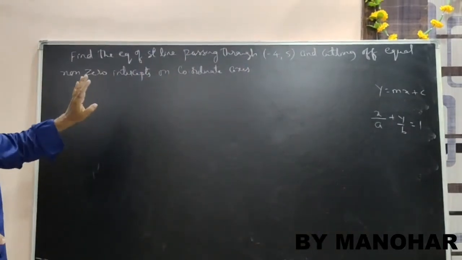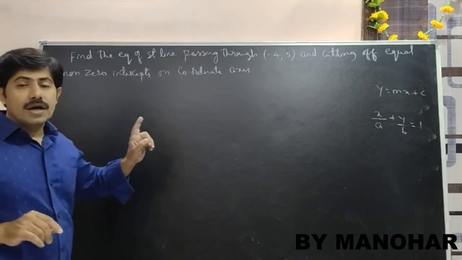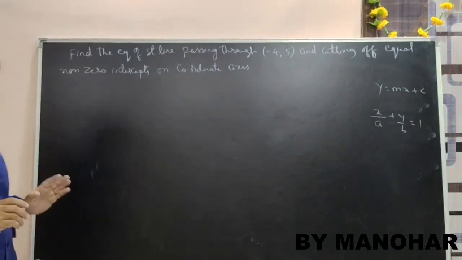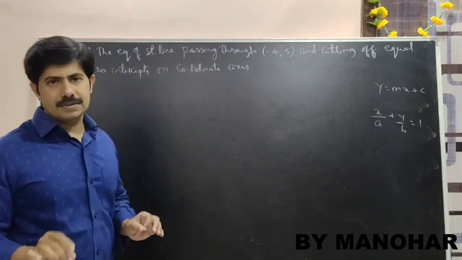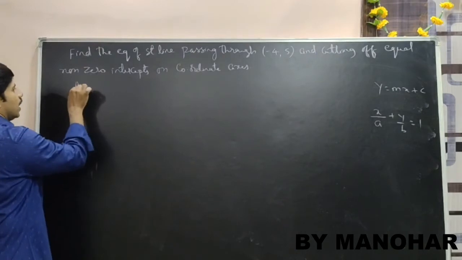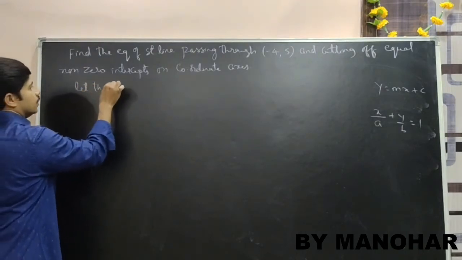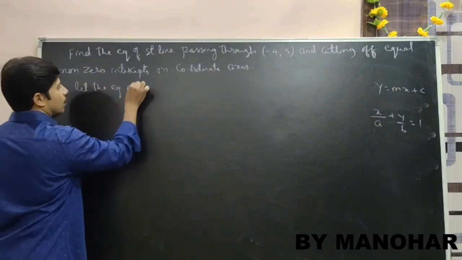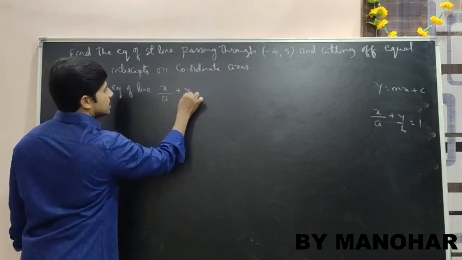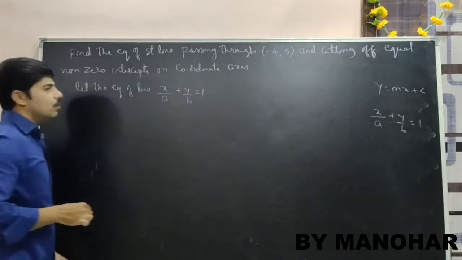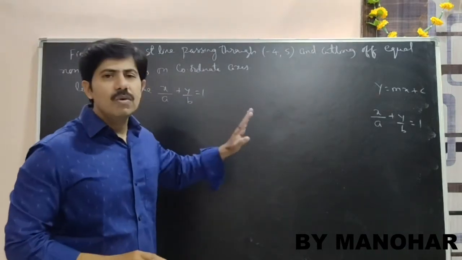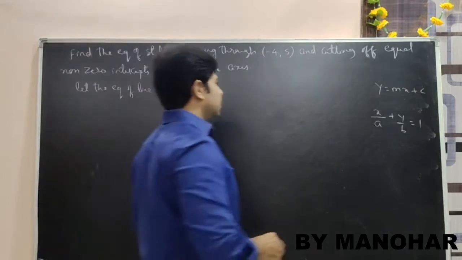So we have to find an equation of line cutting off equal intercepts. I'll tell you what equal intercepts are. As he is referring to both the intercepts, let the equation of line be x/a + y/b = 1.